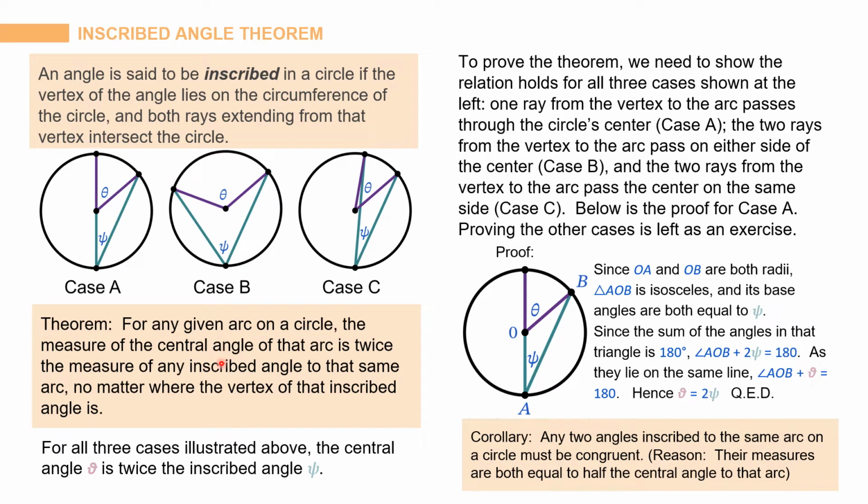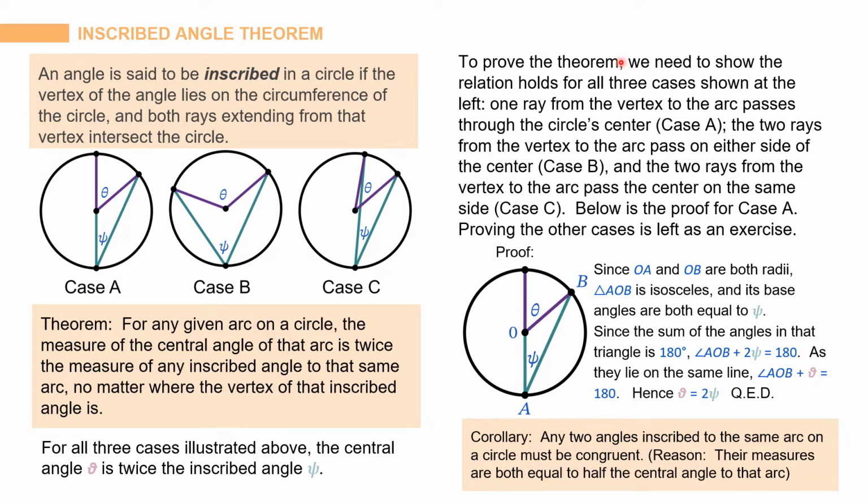So again, because this theorem tells us that this relationship between angle theta, the central angle, and angle psi, the inscribed angle, is the same regardless of where the vertex is, you have to be able to show it's true for these three cases, because these are the three possible relationships between the vertex location and the two rays.